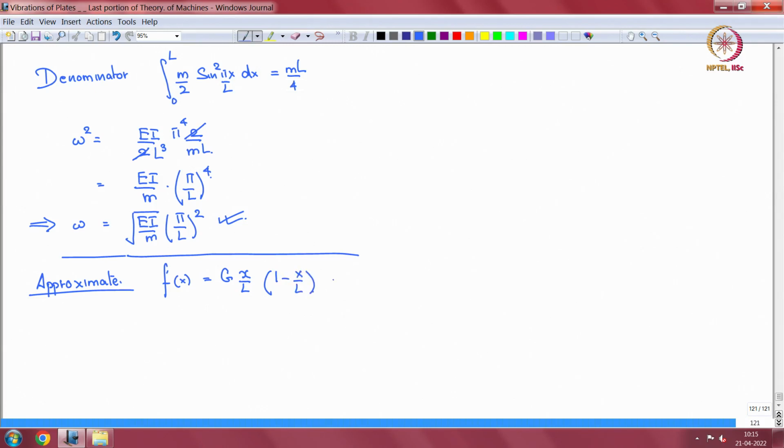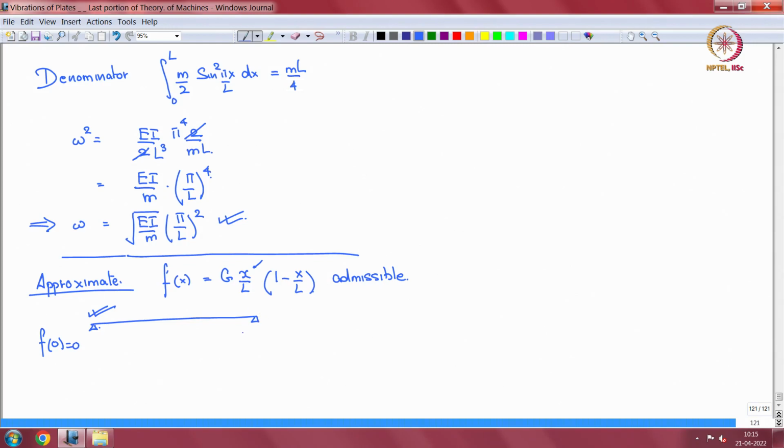This is an admissible function. Why? Because if I have this simply supported beam, then f at 0, the displacement, if I substitute 0 here, I get 0. So the displacement condition here is satisfied.